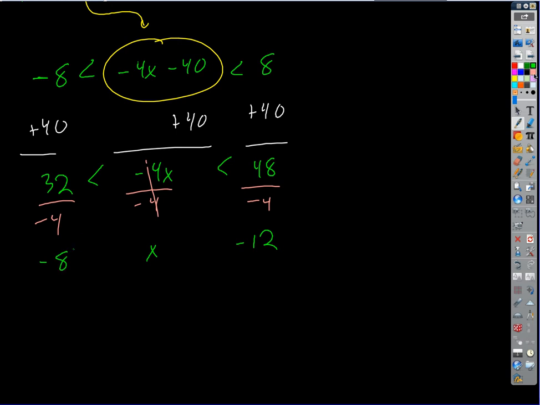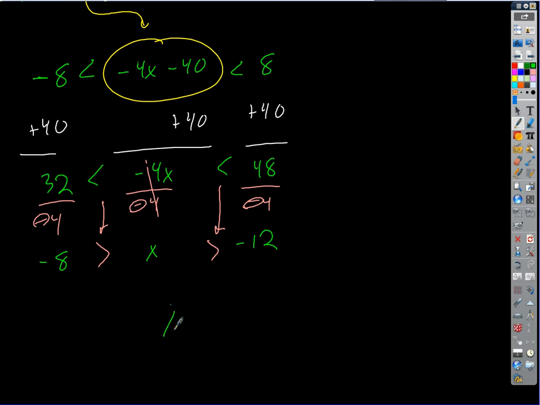Got to flip them, so I divided by a negative. So all those get flipped. That's written backwards though now, isn't it? Yeah. Right? I've got to take the whole thing and flip it around. So I get the smaller number on the left and the bigger number on the right, and the inequalities point the right direction, right?